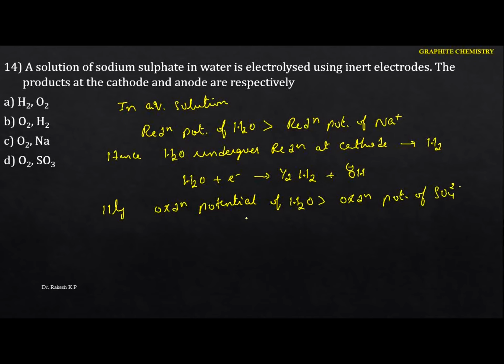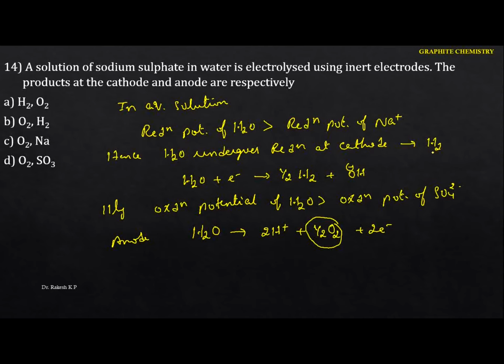So here we can identify which one undergoes oxidation, that is water. Water undergoes oxidation to form 2H plus, there is a liberation of oxygen gas, and it loses 2 electrons. At the anode, the gas liberated is oxygen. At the cathode, it is hydrogen.